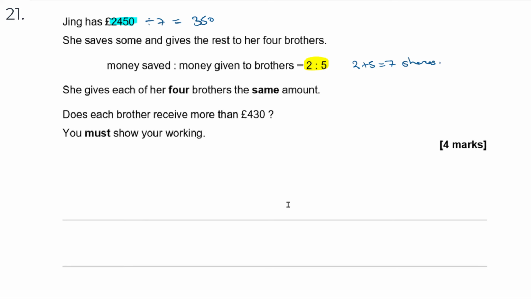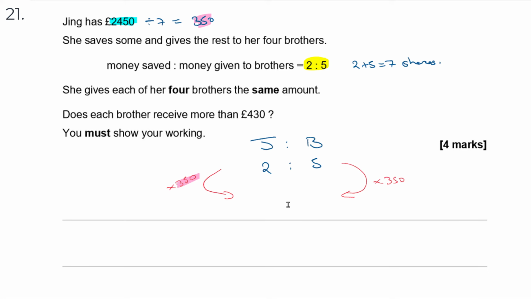Okay, so the ratio of Jing, what she keeps to what she gives to her brothers, is in the ratio of 2 to 5. And what we're going to do is we're going to say that each one of those shares is worth 350. So if we take that ratio and we multiply it up by a factor of 350, okay, times by 350 both sides, because that's what we worked out the value of each share was.